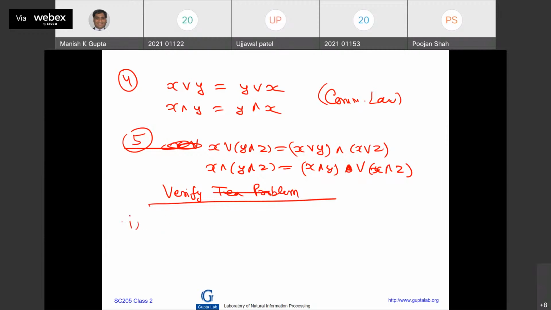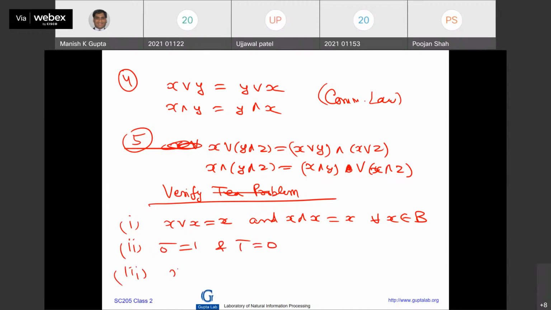First, x join x is equal to x, and x meet x is equal to x for every x in B. You can use the above formulas to actually derive these expressions. Second, 0 bar is equal to 1 and 1 bar is equal to 0.